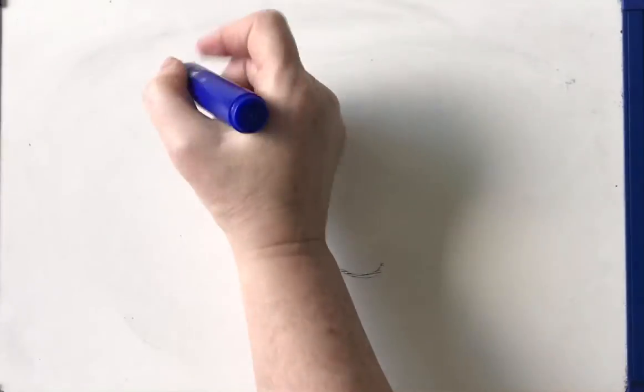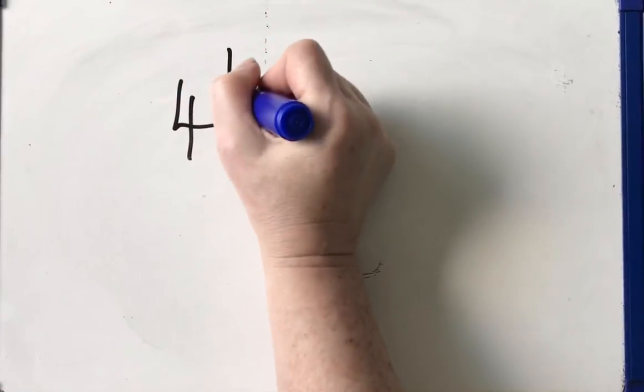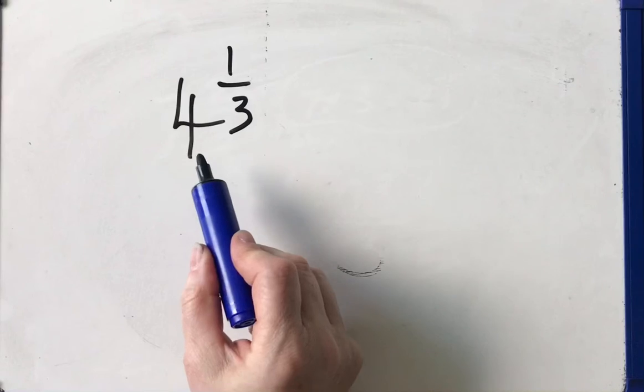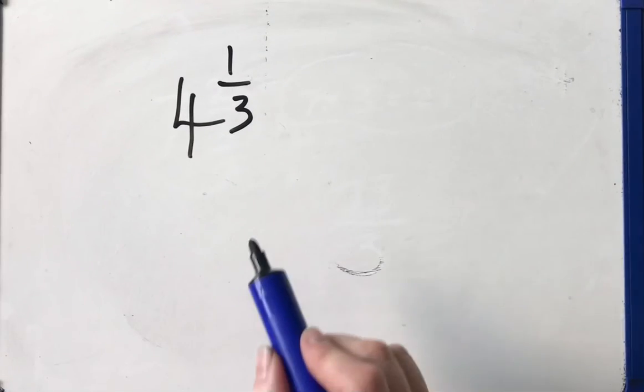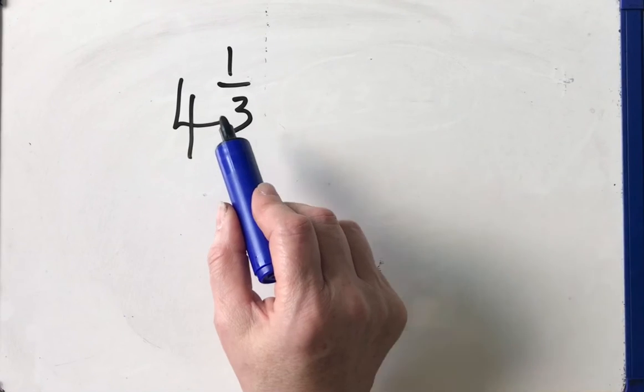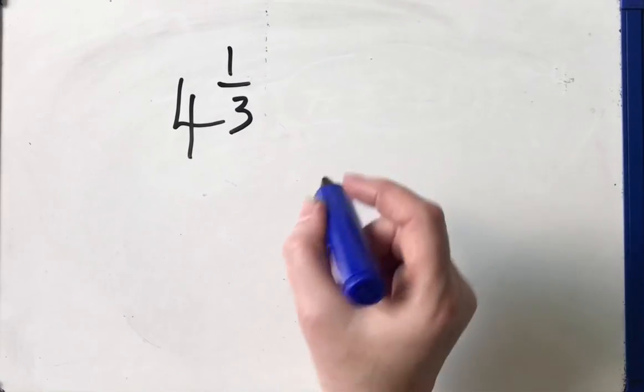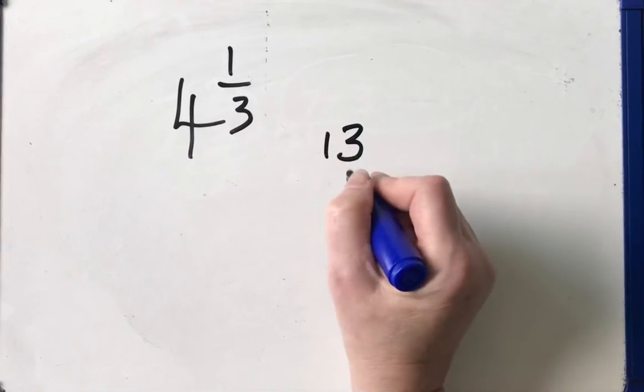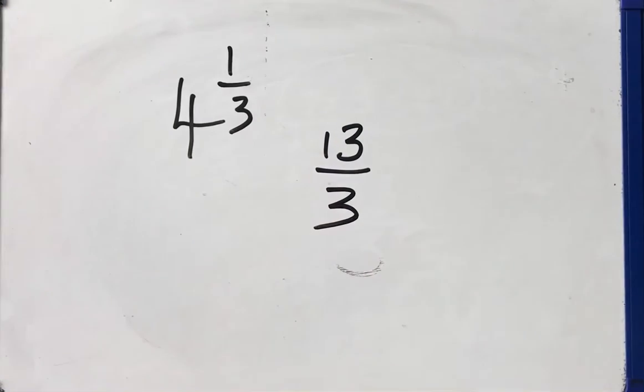Here's another one. Have a go at this one in your head. 4 1/3. That's a mixed number, whole number and a fraction. So I say 4 times 3 is 12. 12 plus 1 is 13, and the denominator is, of course, thirds. So 4 1/3 becomes 13/3.